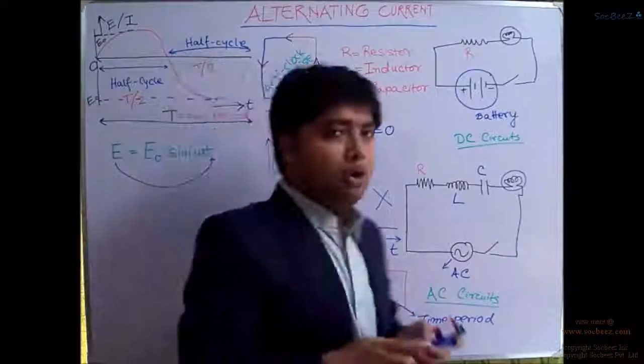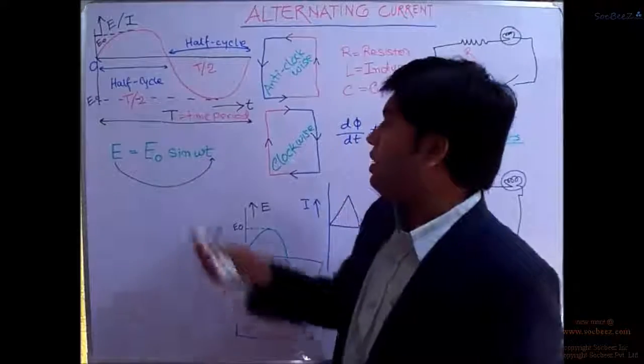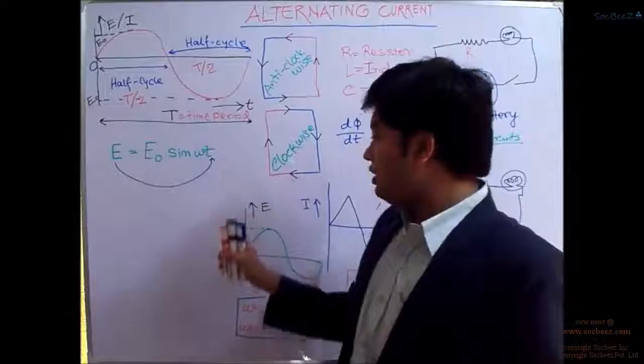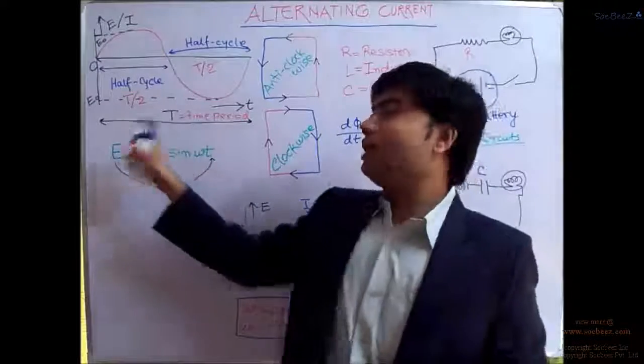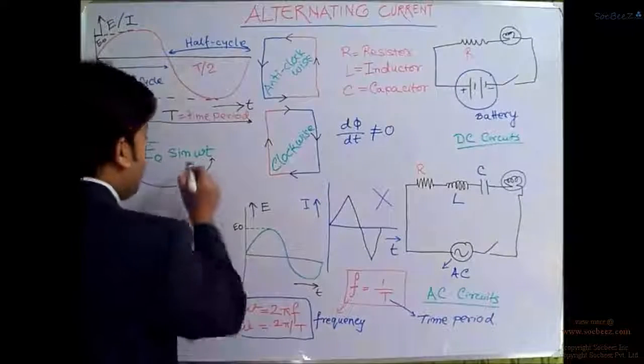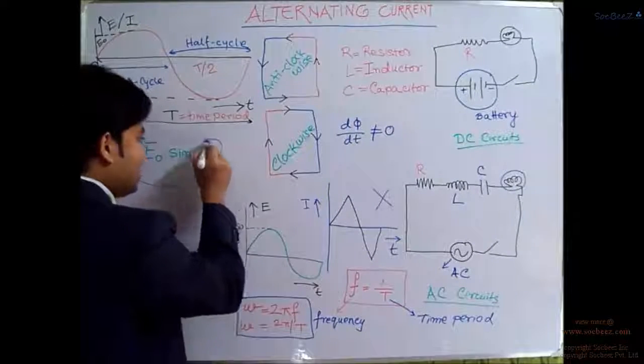So now we have understood what is omega, what is t, what is E naught, the peak value, and what is E. Now, why have we taken this omega t?